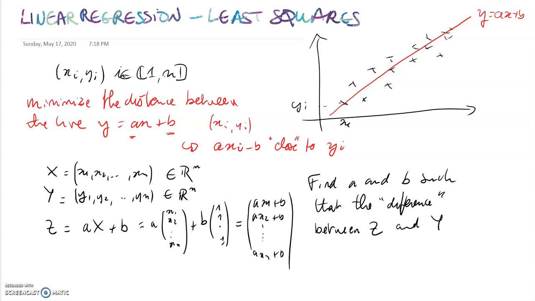So find a and b such that the difference between z and y is minimal. Okay, so now that we know how to define distances, that's good.